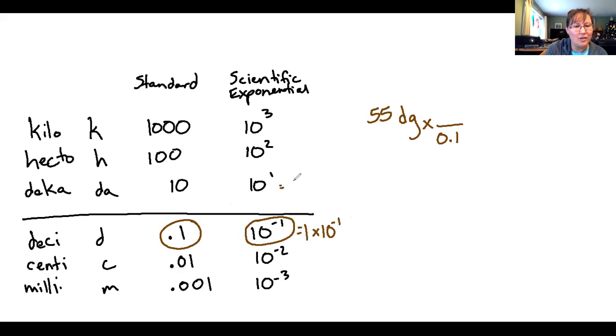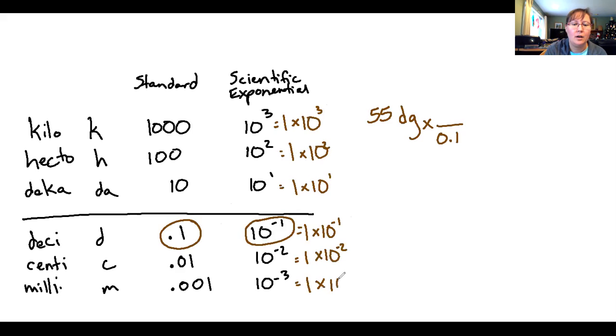So you need to change all these: 1 times 10 to the 1, 1 times 10 to the 2, 1 times 10 to the 3, 1 times 10 to the negative 2, and so on and so forth for that whole chart. Sorry, it's hard to talk and write at the same time.